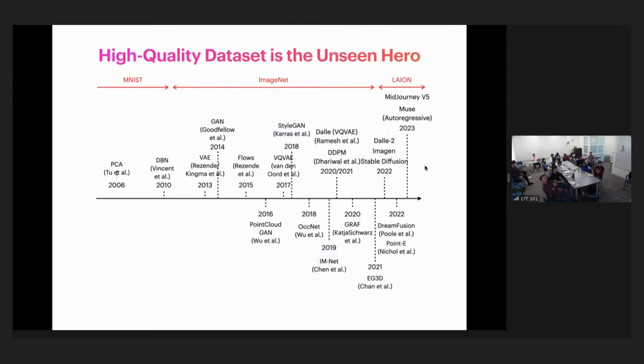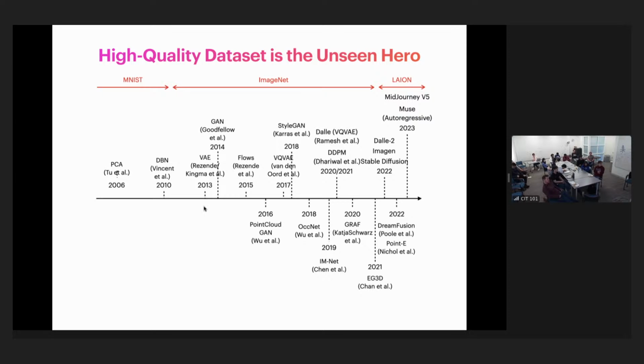So looking back at the timeline of vision generative models, the underlying story there, I feel, is that the high quality dataset is the unseen hero here. We definitely have better and better generative architectures and better ways to train generative models. But the progress is also driven by better and better datasets: a lot more diversity, higher quality, and bigger scale.